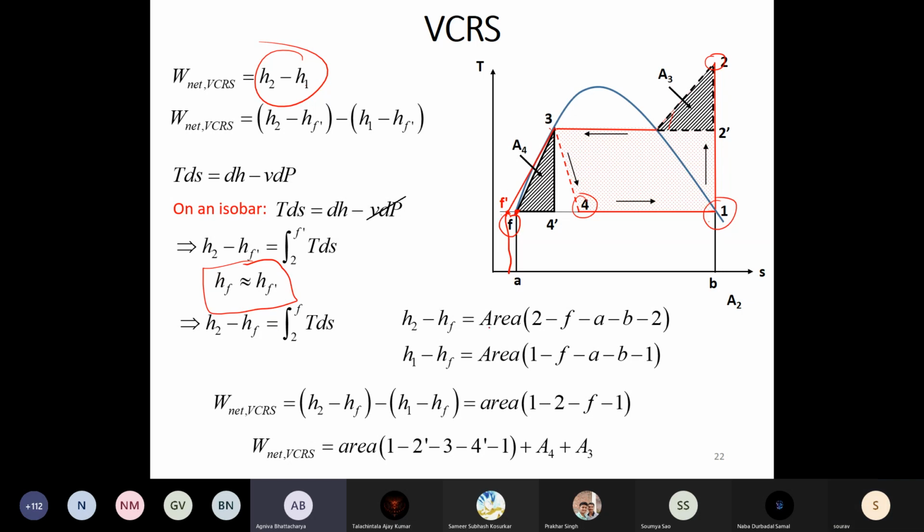So let's see what is the advantage by doing all this manipulation. So what I will do is now replace F prime with F, and now I will have H2 minus HF prime as H2 minus HF. So that will lead to this area.